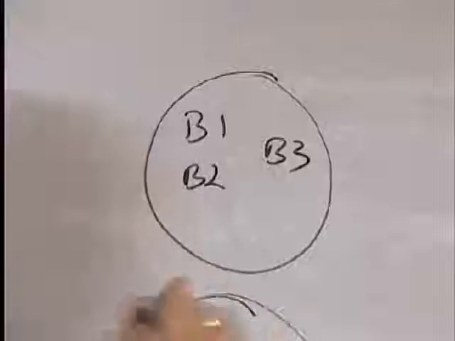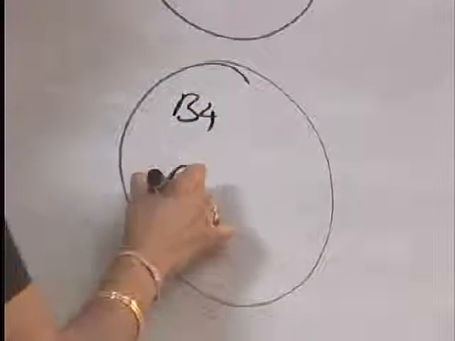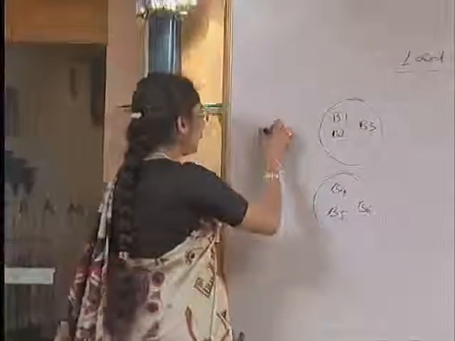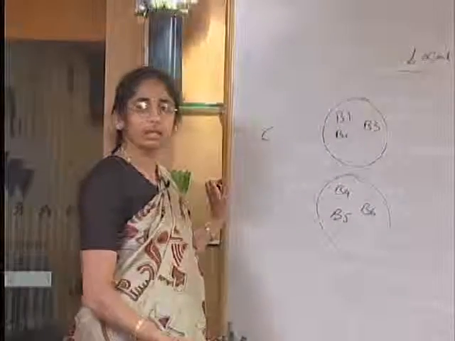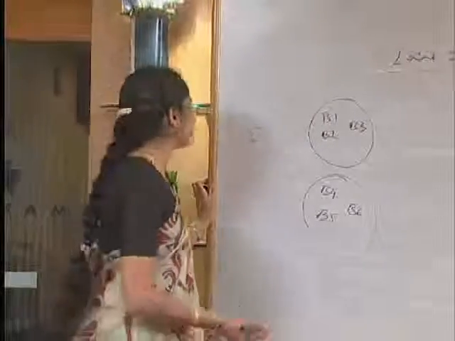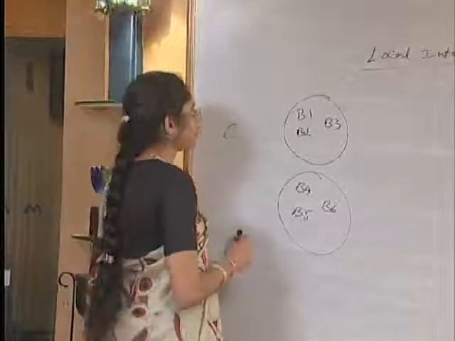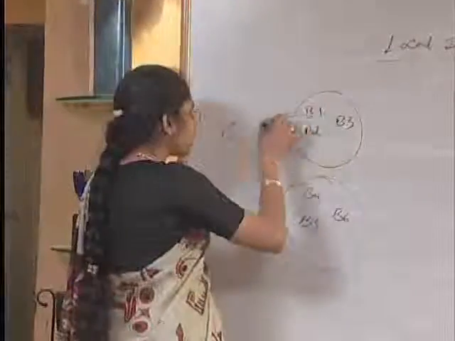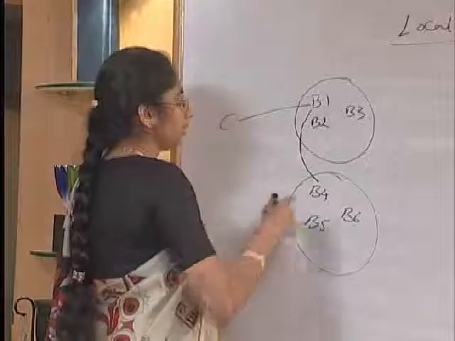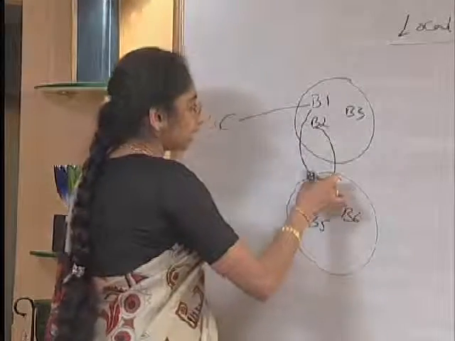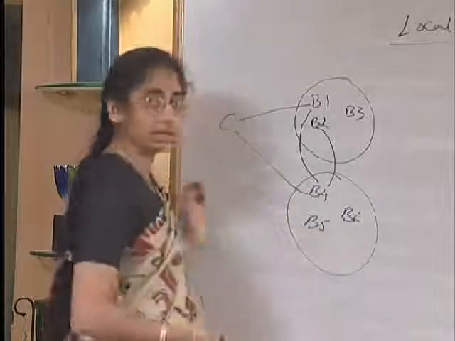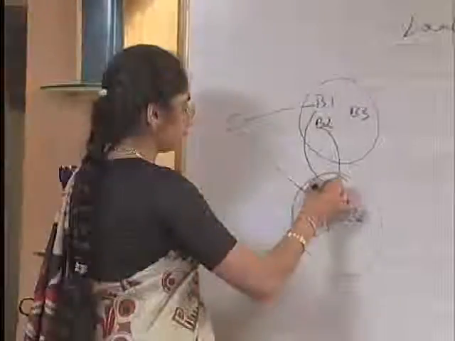Let's say I have another EJB container which has bean 4, bean 5, bean 6. I have a client, which could be either a Java client or an HTML client, that is a servlet or a JSP. Now let's assume B1 can be called by a client. It can be called by B4. B4 can be called by B2. It can also be called by a client, and so on and so forth.